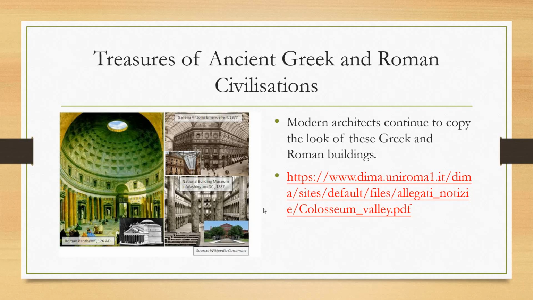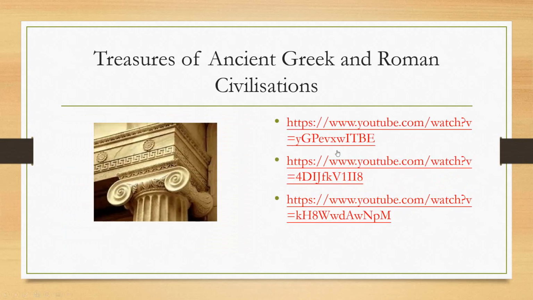People in subsequent centuries, or even nowadays, may also take some ideas from the ancient Greeks and Romans and incorporate them into their own work. If you want to know more about ancient Roman architecture, you may refer to these reading materials. And here are some YouTube videos on Greek architecture.